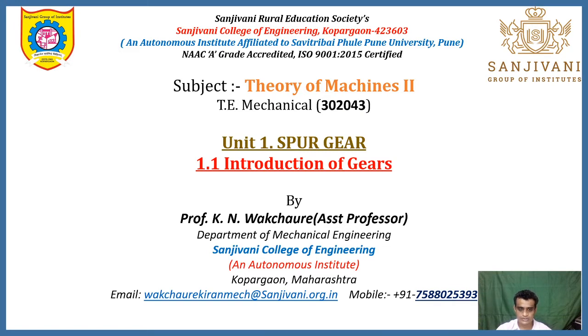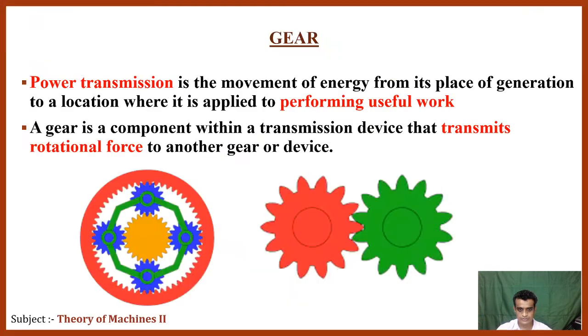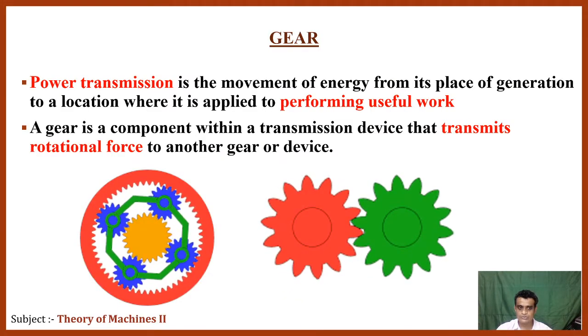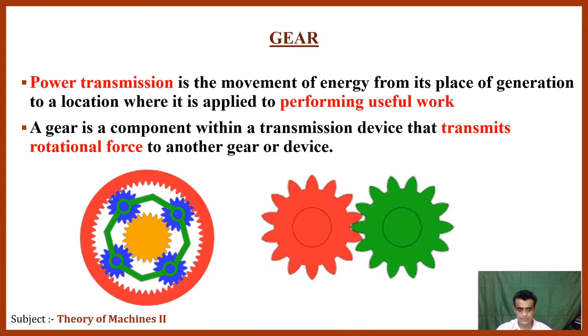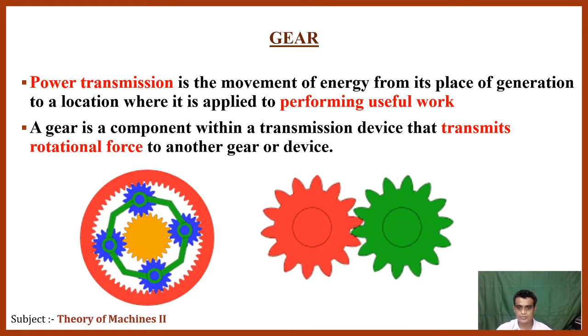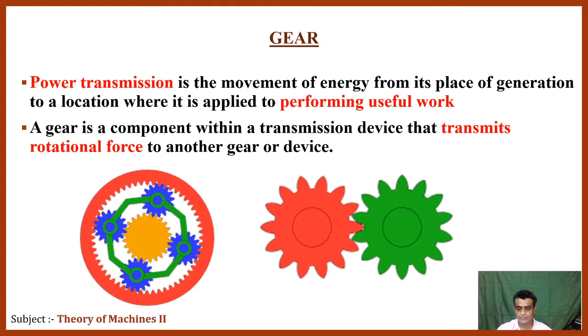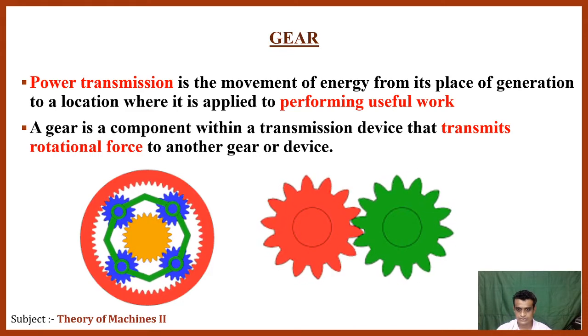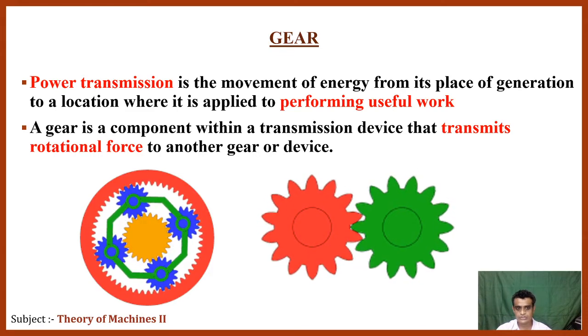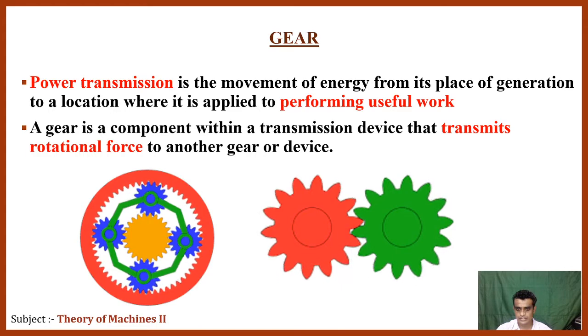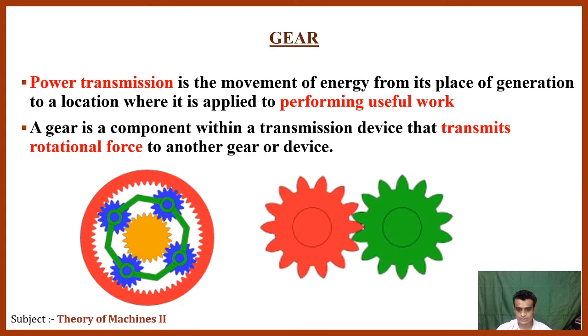Now we'll start with the definition of the gear. Gears are used for power transmission. Power transmission is the movement of energy from its place of generation to the location where it is applied to perform useful work.